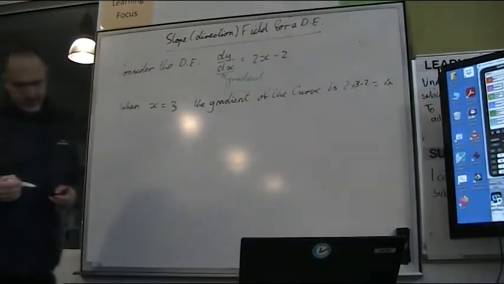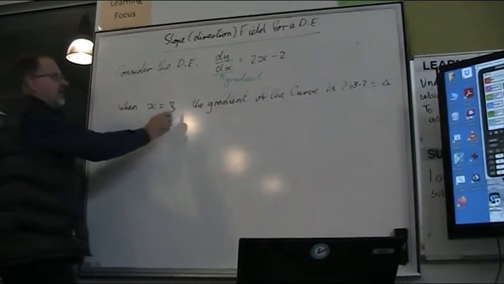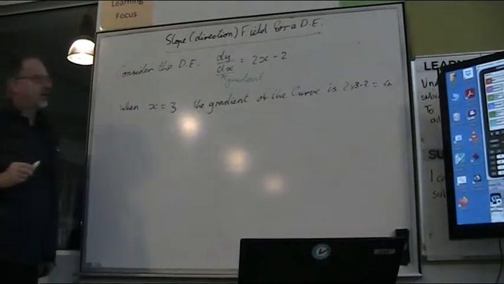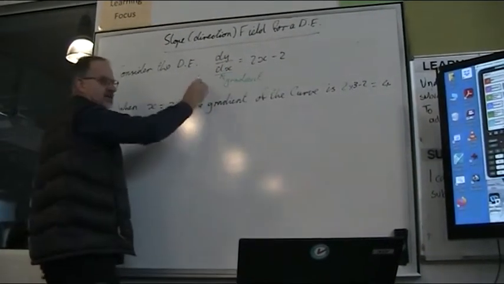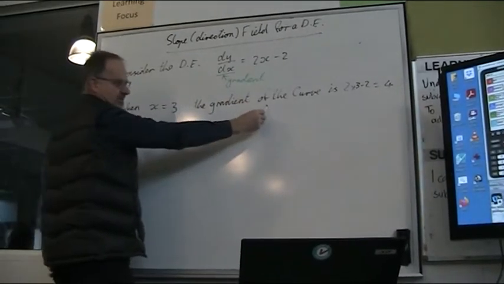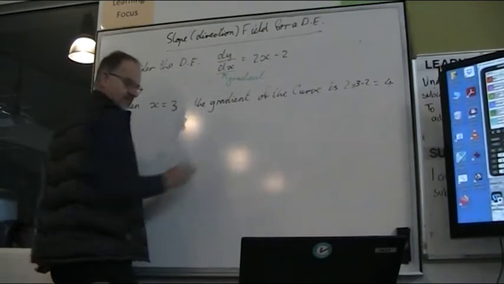So we know that the gradient is 4. So we know the slope of the graph that relates to it. We know it has a gradient of 4, so we know it's going to be reasonably steep at x equals 3.